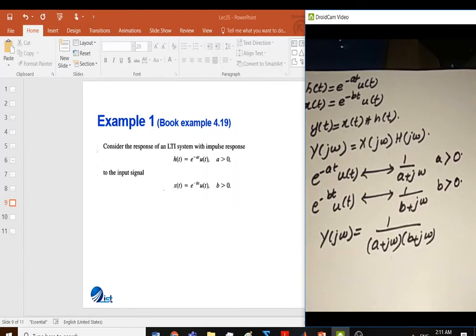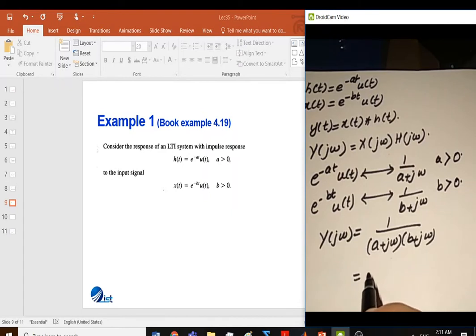Since we have solved such questions through Laplace transform, we know that the natural next step is to divide this Y of j omega into partial fractions so that its inverse can be taken easily. y of t can be determined easily by inspection through the table.